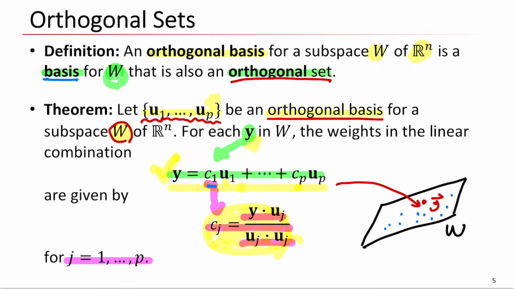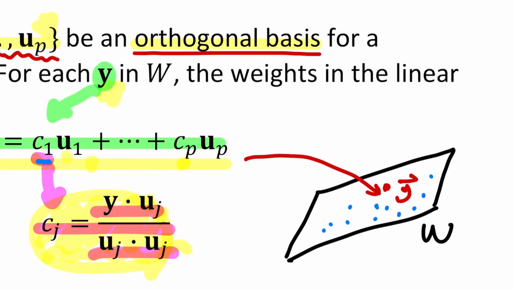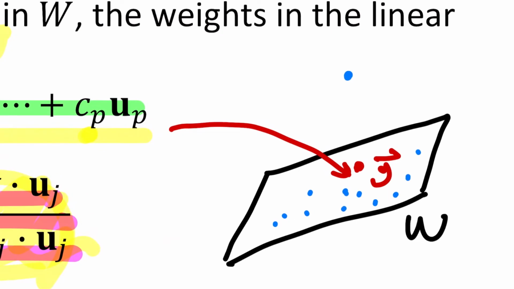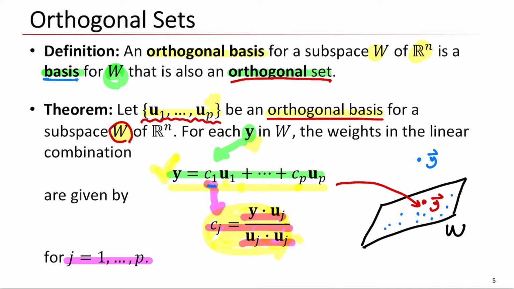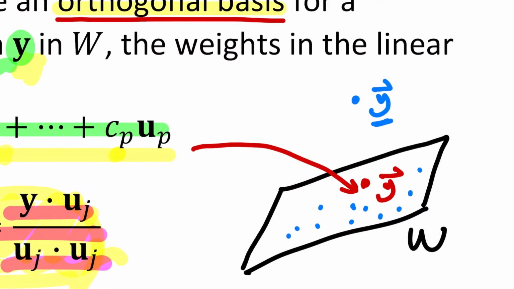So actually, what about this? Let's say there is another vector y here, not in the W space. How can we represent this vector with an orthogonal basis? Actually, it's not possible, because this vector y is not in the W space.